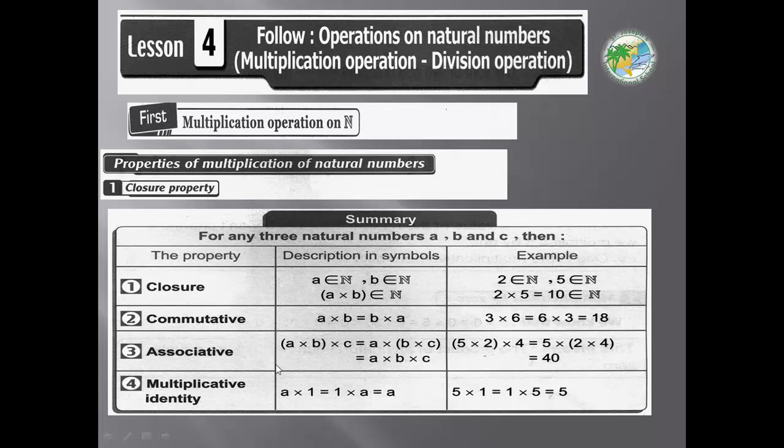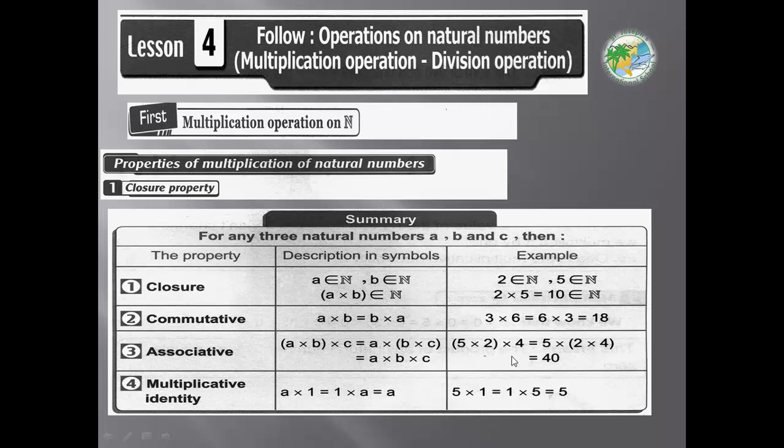Associative property. A times B times C. If we have 3 numbers or more, we can write a bracket between any 2 numbers. Here A times B, and here B times C. Then the final answer is the same. Here we did 5 times 2 times 4, with a bracket between 5 times 2 on one side, and a bracket between 2 and 4 on the other side.